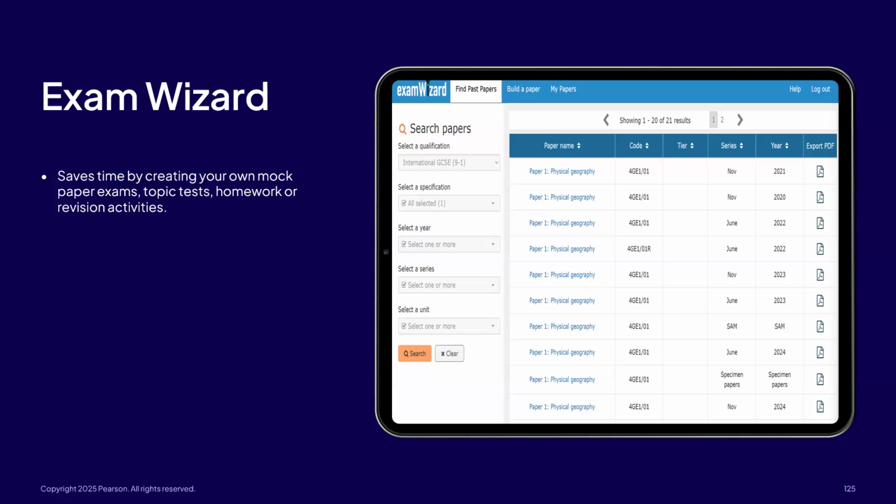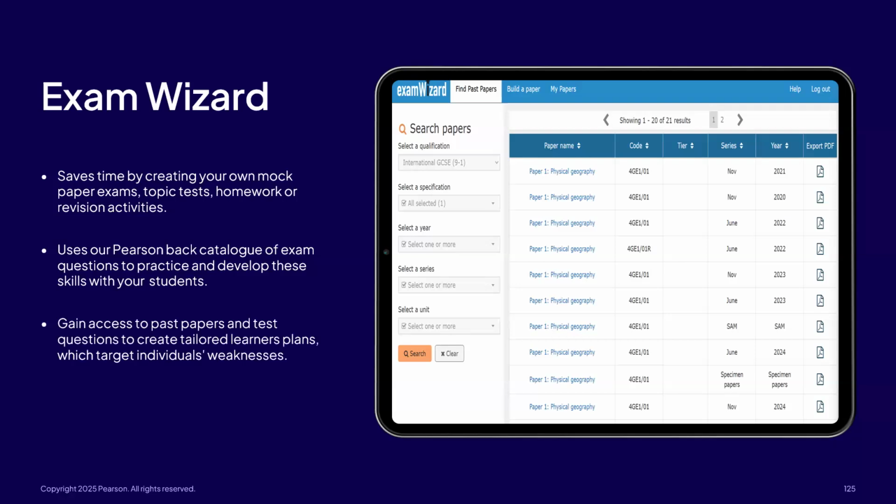But more useful, it enables you to provide tests for particular topics or for homework or for revision activities. It uses the Pearson back catalogue exam questions to practice and develop these skills with your students.